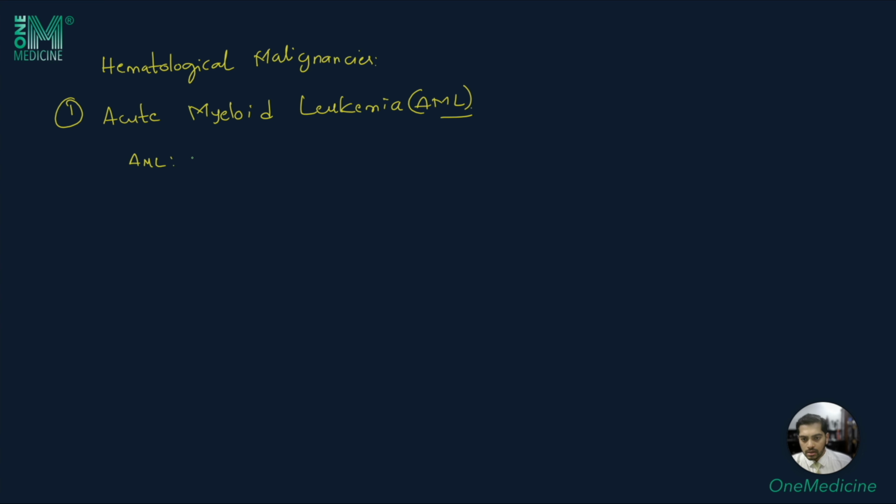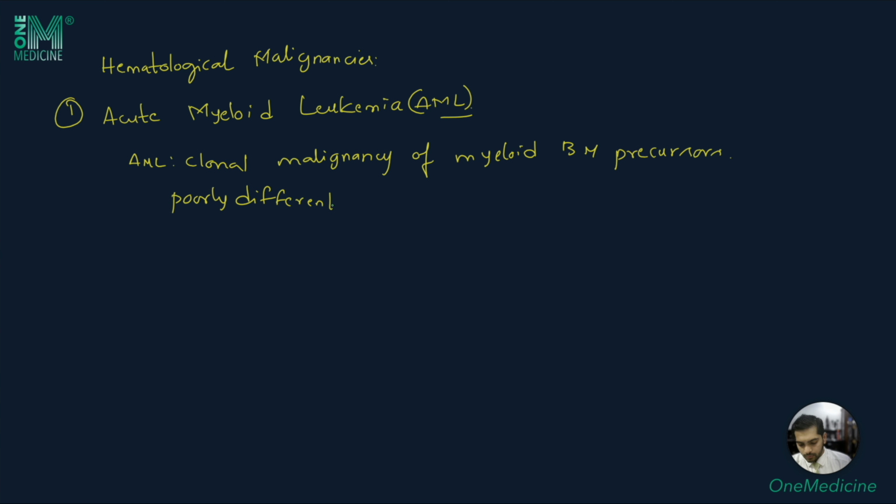AML is a clonal malignancy of myeloid bone marrow precursors. They are usually poorly differentiated, and they accumulate within the bone marrow, and they also circulate in blood.